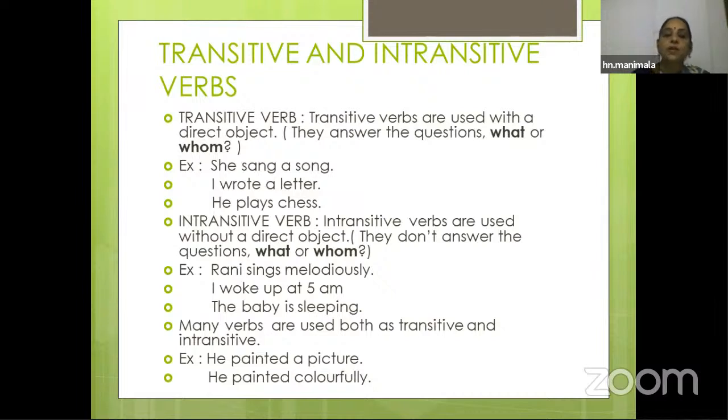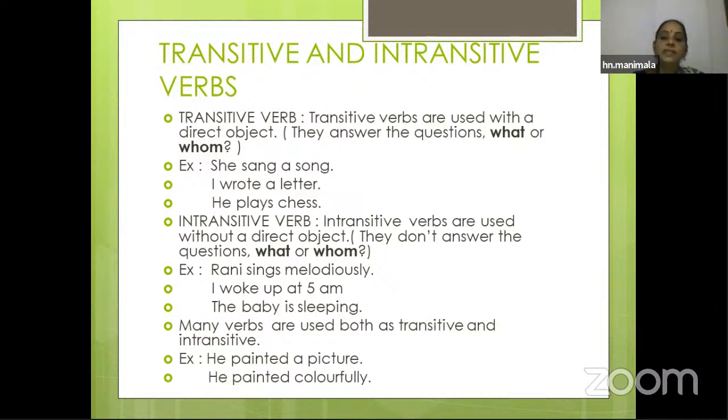So in all these sentences, after the verb you can see the object. So a transitive verb needs an object. But whereas an intransitive verb does not need an object. It won't exert its action on an object. Whereas the transitive verb needs an object to reflect its action.